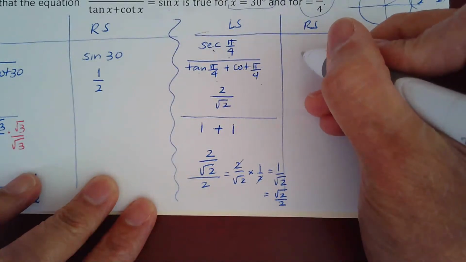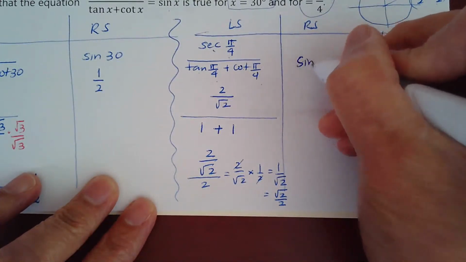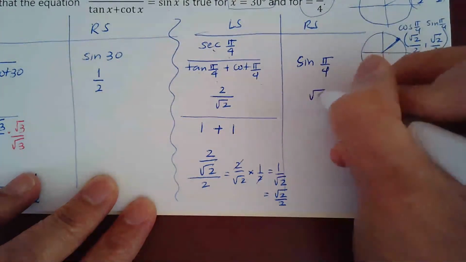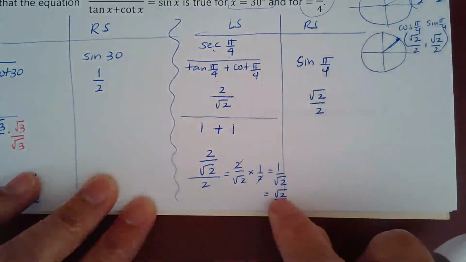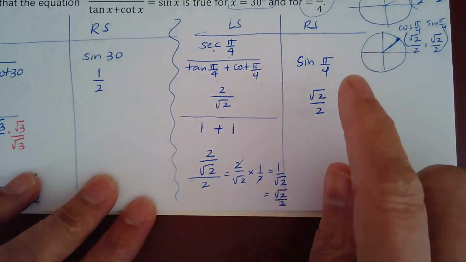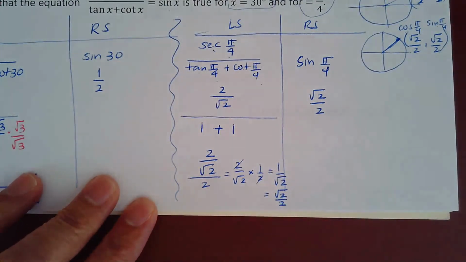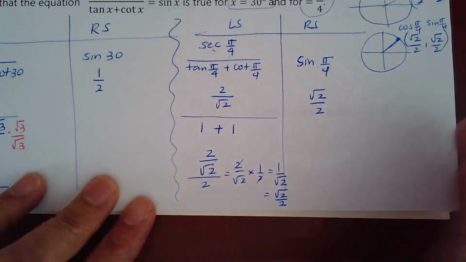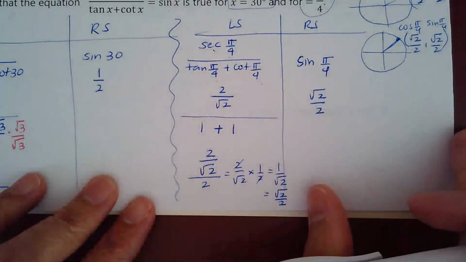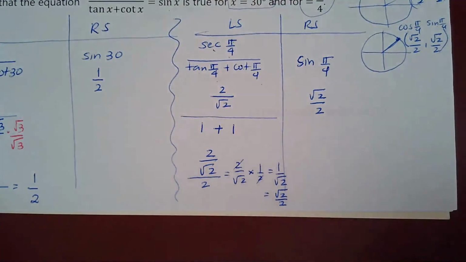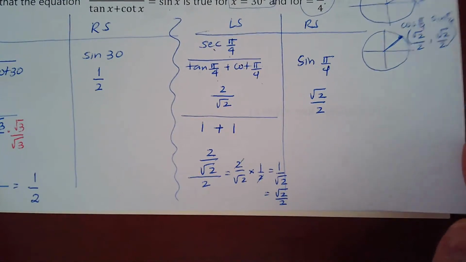Now, on the right side is sine of pi by 4, and the sine of pi by 4 is root 2 over 2. So the left side is equal to the right side. Verifying means to check that it is true for the given information.